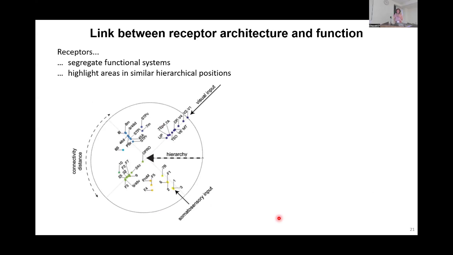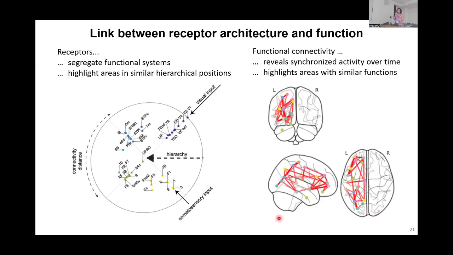But the other thing that we also know is that we have different methods that can be used to link structure and function, and receptors show the hierarchy of the areas, and they segregate the functional systems. And then we have this other method, which is a truly in vivo method, okay, which is, for example, resting state functional imaging.